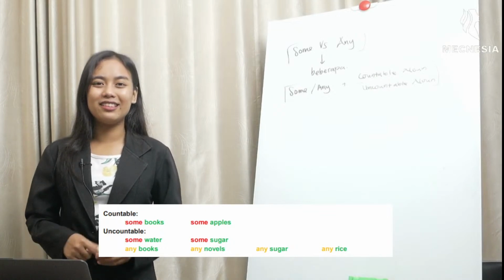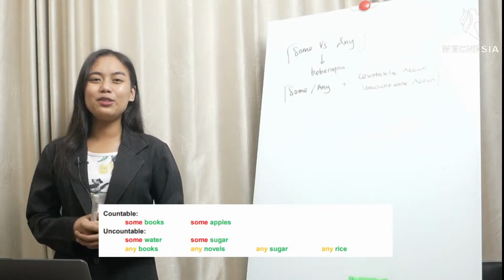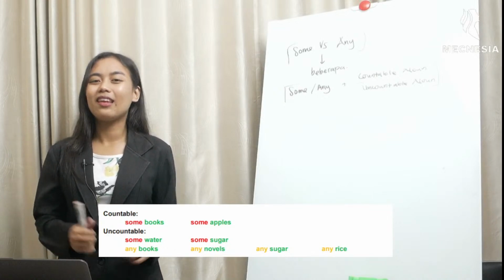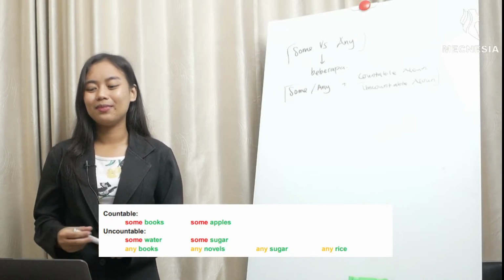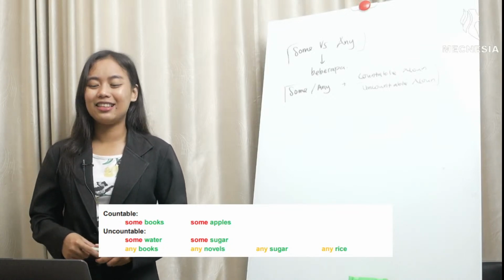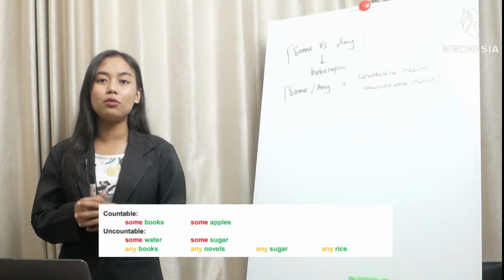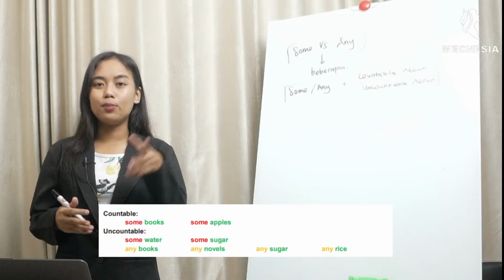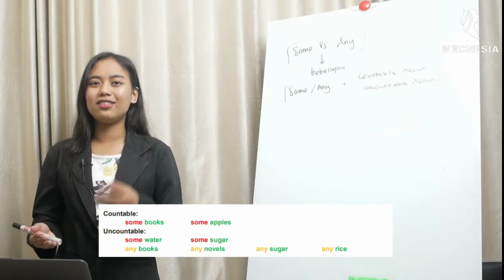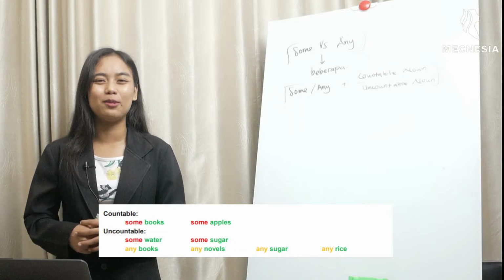Any novels. Next, we have any sugar. Any sugar. Dan juga any rice. Any rice. Oke, di sini dua contoh any-nya harusnya ada di countable noun ya, yang any books dan juga any novels. Novels and books are countable nouns, bukan uncountable.